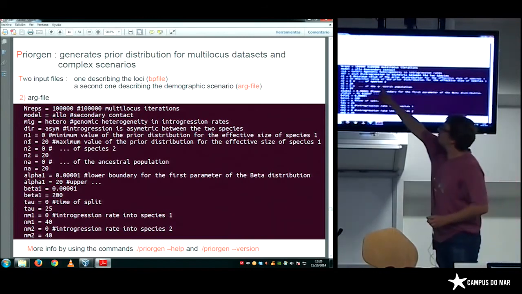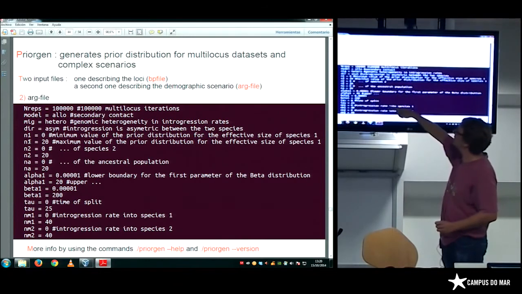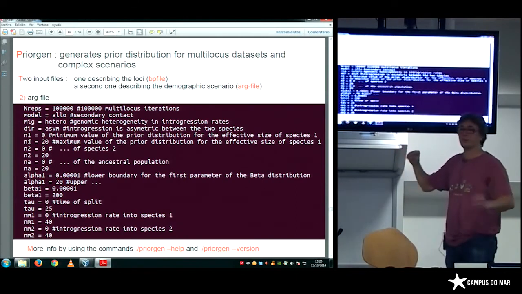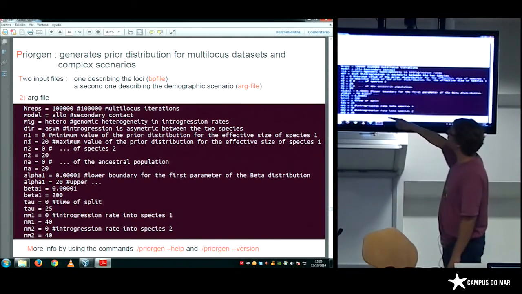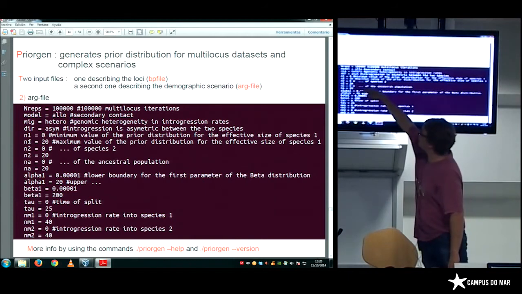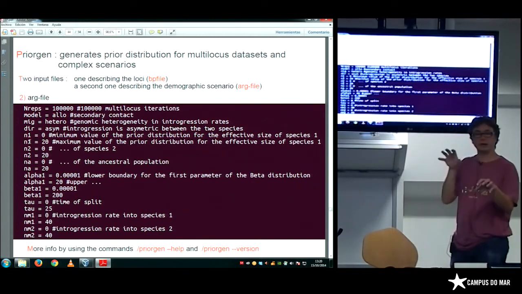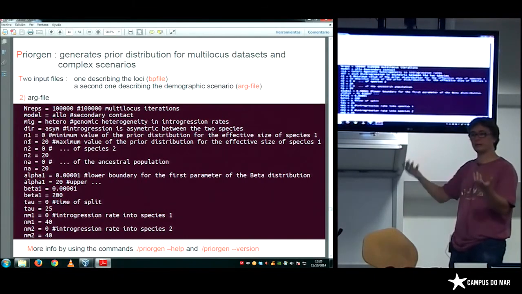Here it's the same for species 2, a uniform prior from 0 to 20, and the prior of the ancestral population size from 0 to 20. Here it's the boundary of the prior of alpha and beta, the two parameters of the beta distribution used to simulate heterogeneous gene flow.